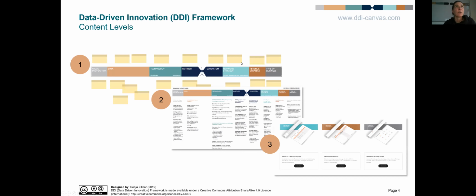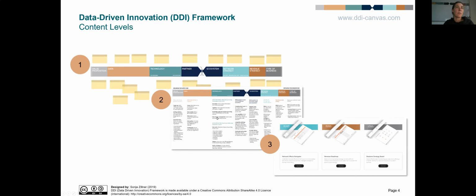And what came out, what we would like to present to you right now and play around with, is a method called the data-driven innovation framework. This method comes with different content levels. We have identified different dimensions that are relevant to have a detailed look at.